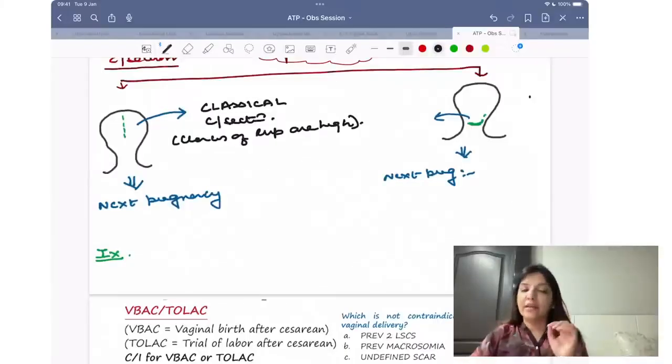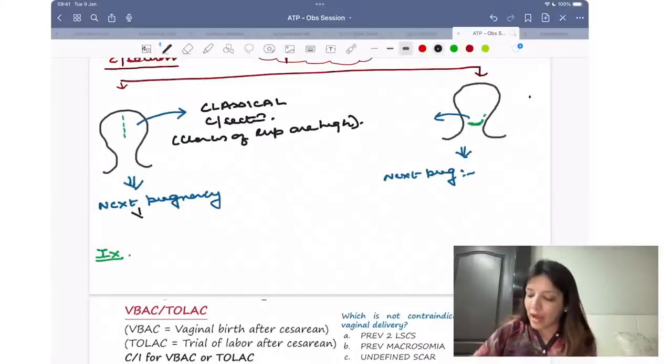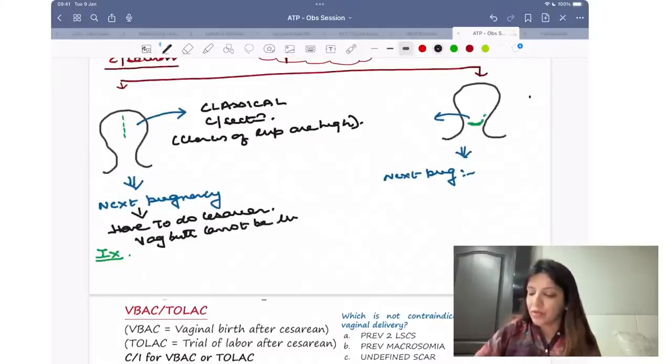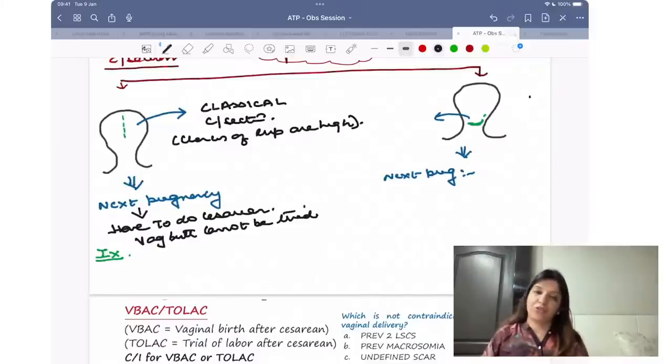That is why in the next pregnancy you have to do cesarean. Vaginal birth cannot be tried.